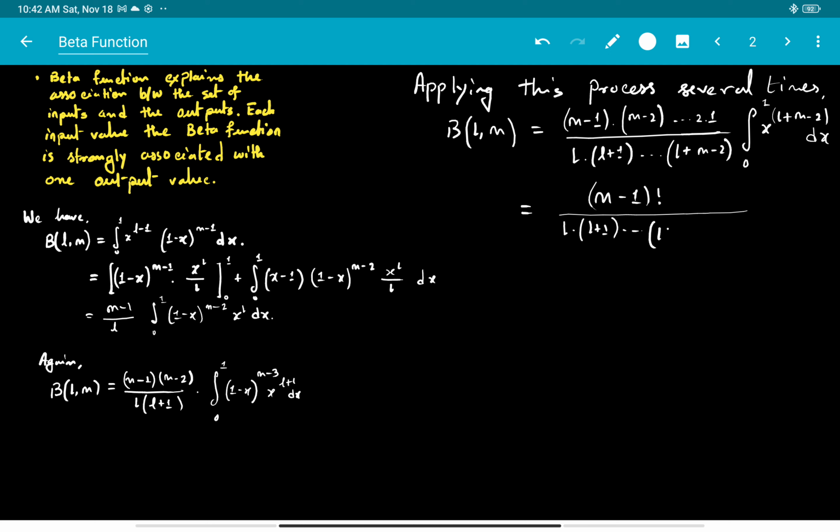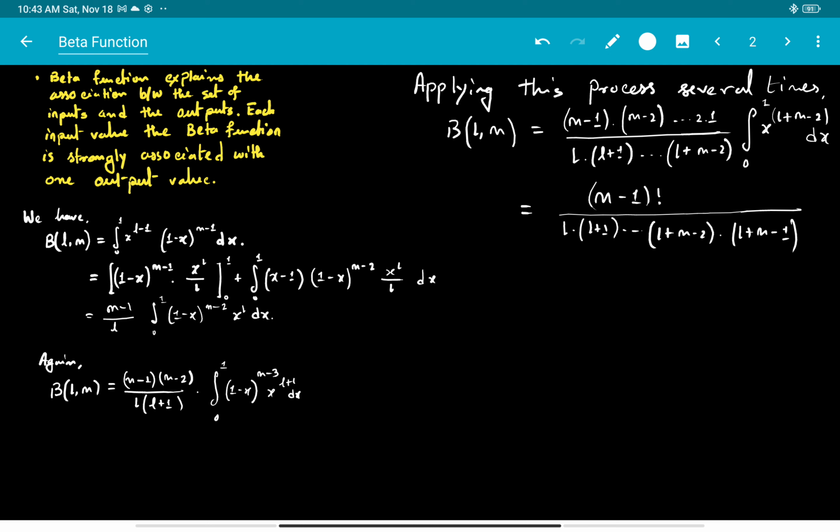It will be l plus m minus 2 times l plus m minus 1. So how am I doing this? If we again integrate this, we'll get l plus m minus 1 things, and it turns into 1.